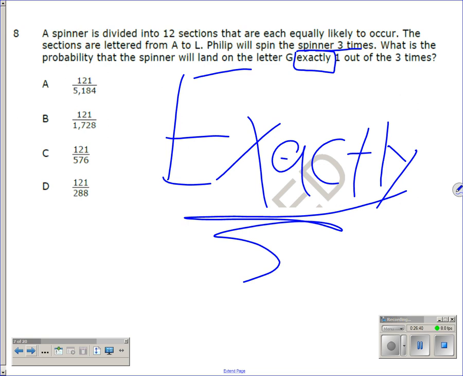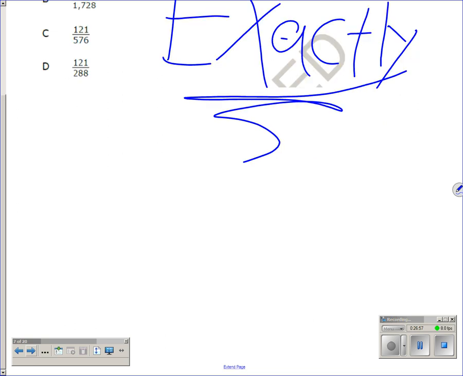Exactly with probability. If I'm telling you that we're doing something a number of times, and I'm asking for an exact probability here, like exactly 1 out of 3, that is binomial PDF. Okay? Yes, binomial PDF.